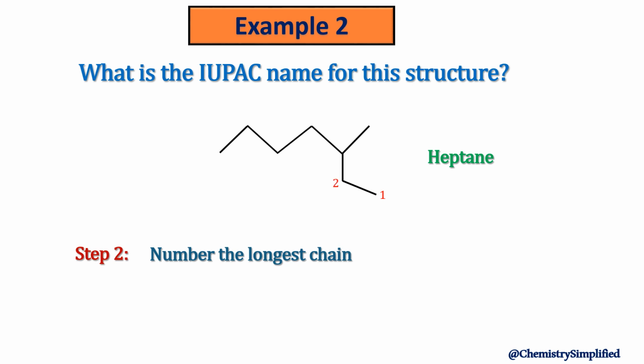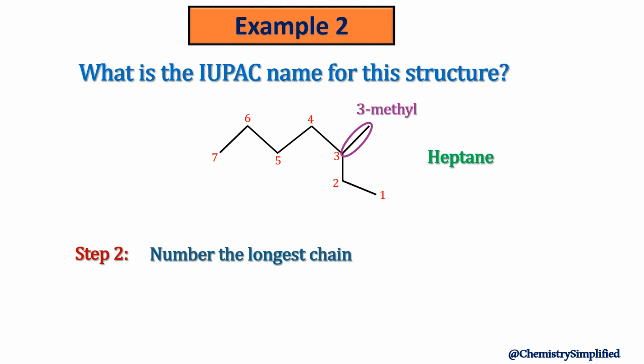Carbon number 2, carbon number 3, 4, carbon number 5, 6, 7. Remember, it's still heptane. However, the substituent now is on carbon number 3. So this is a 3-methyl.